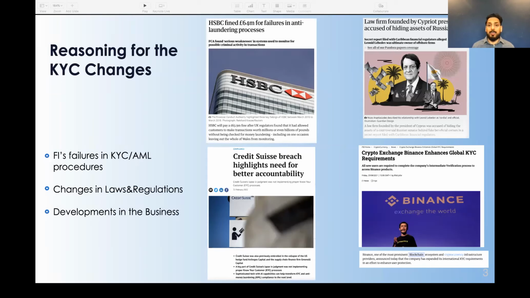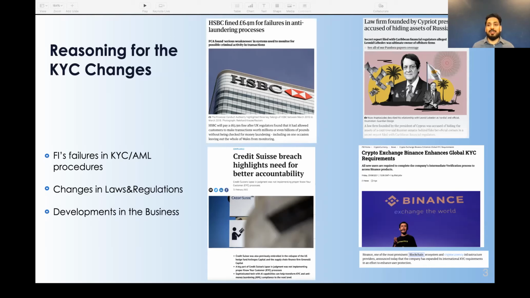So a lot of changes are then requested, on the one hand from the regulators, on the other hand from the business itself. That's why you see a lot of changes happening in the KYC field.